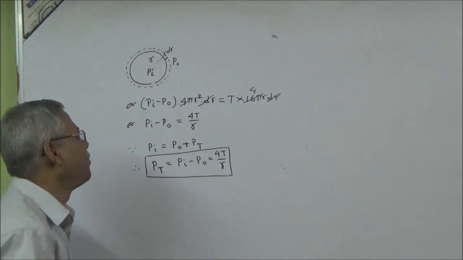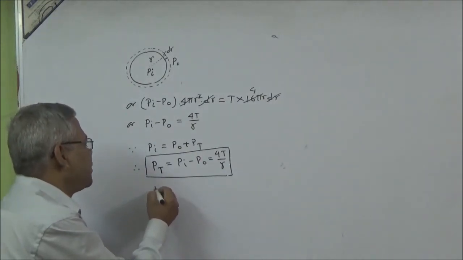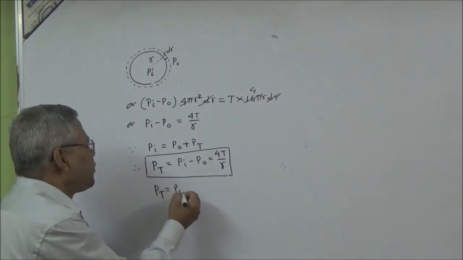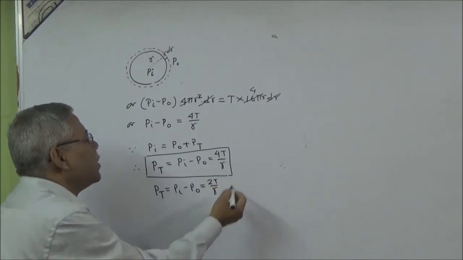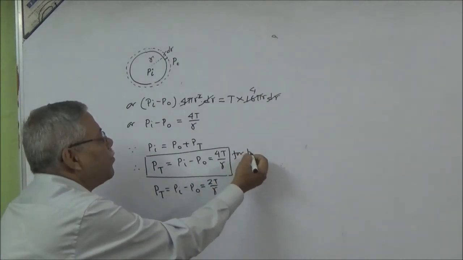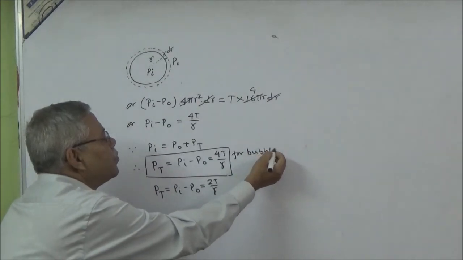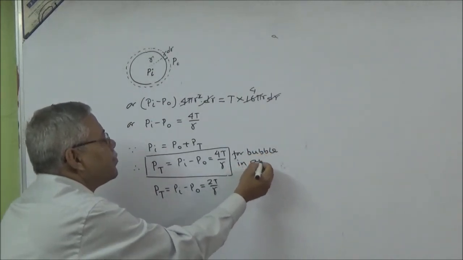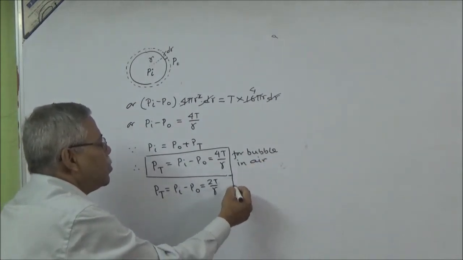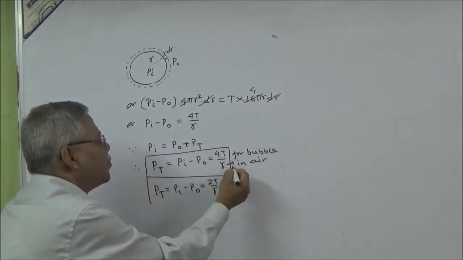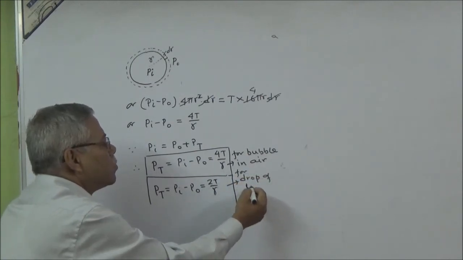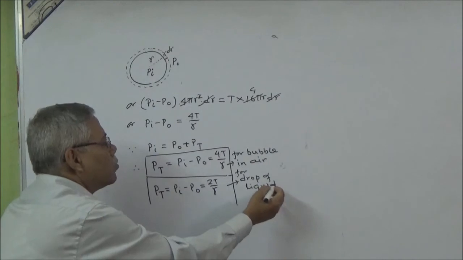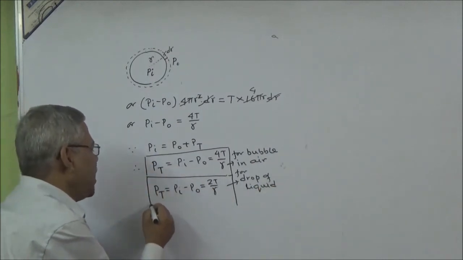So for a drop, the formula is PT equal to, this is for a bubble in air, this is for a drop of liquid.